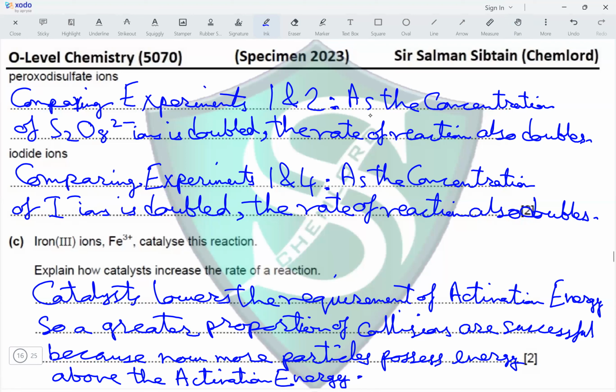So we have explained how a catalyst is involved in increasing the rate of reaction.